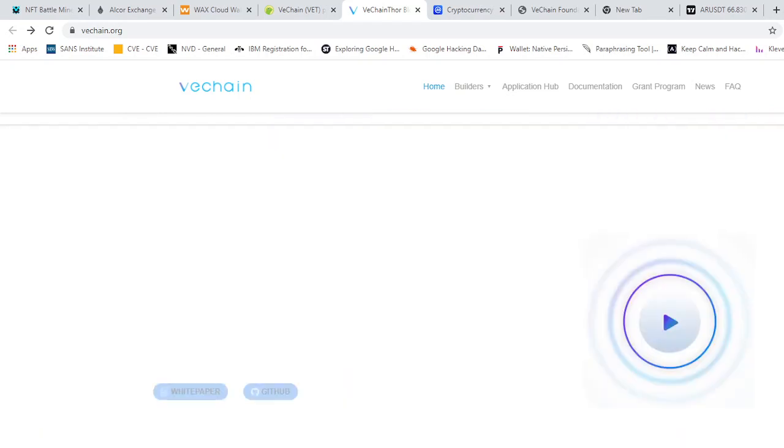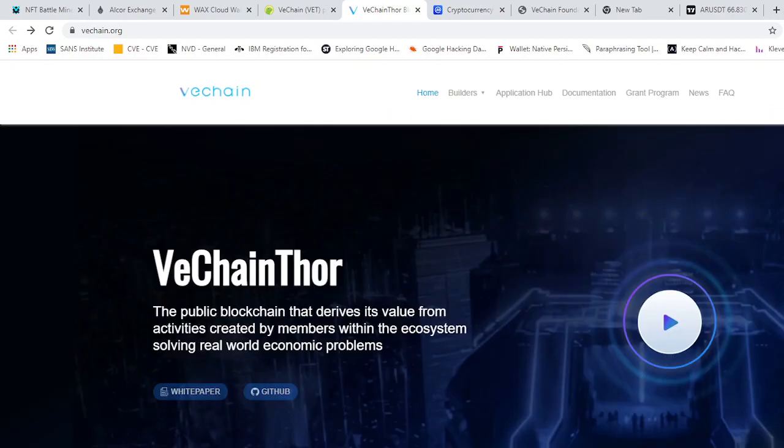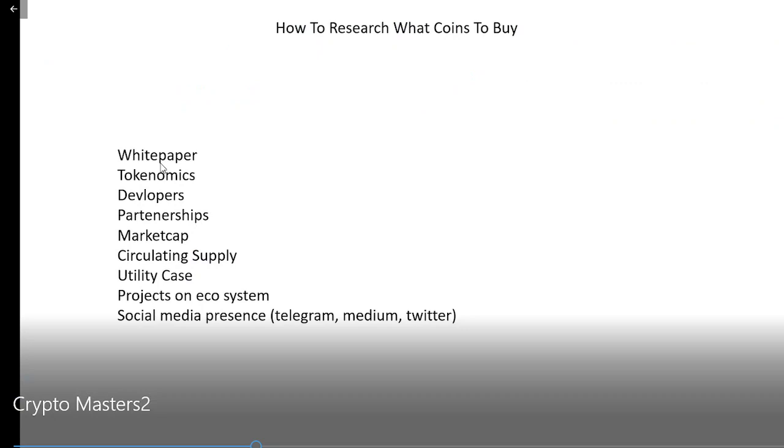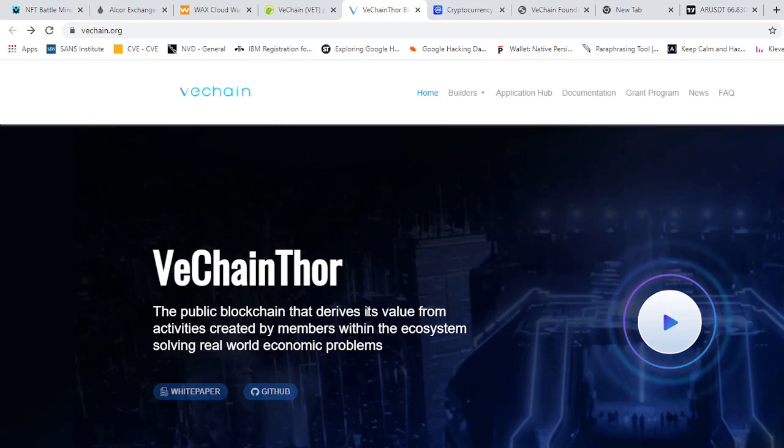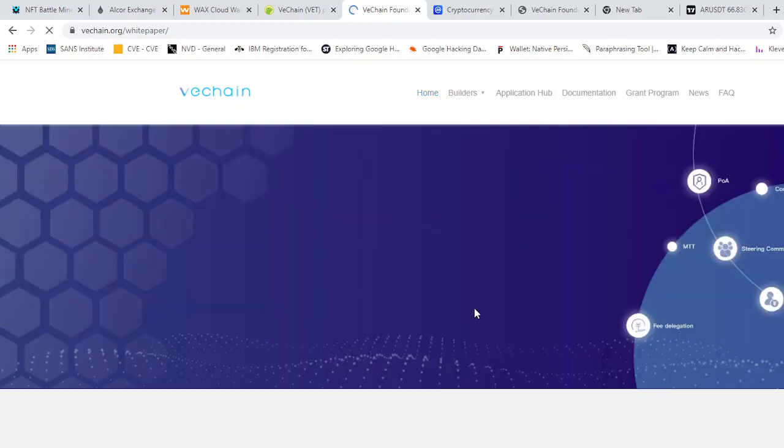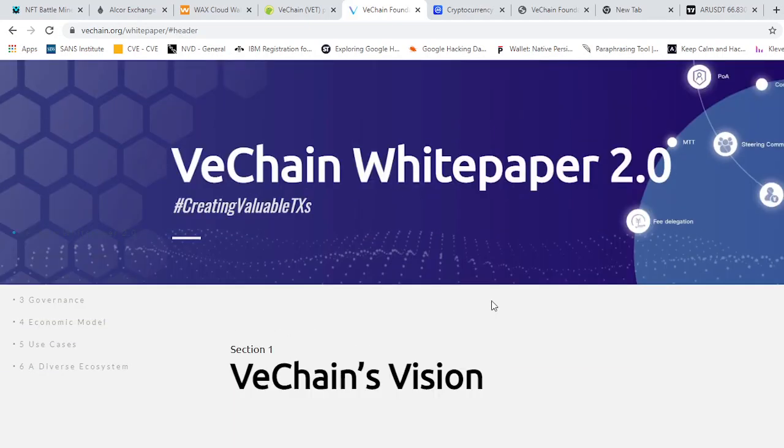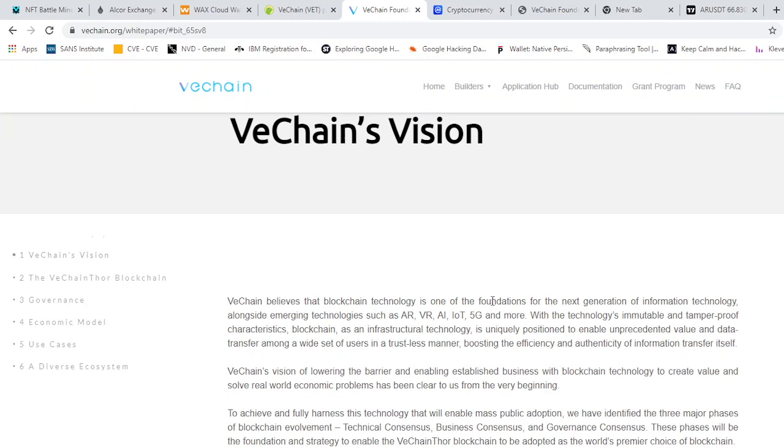And the other thing that was mentioned is the white paper, and this is where you find the tokenomics and utility case. So let's look at tokenomics. Let's go to the white paper. A white paper is on every website of the coin. That's where you can find their white paper. So this is their white paper, right?